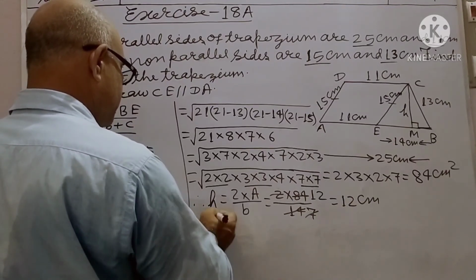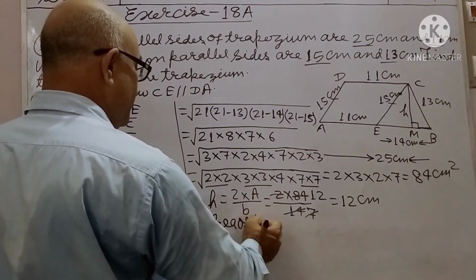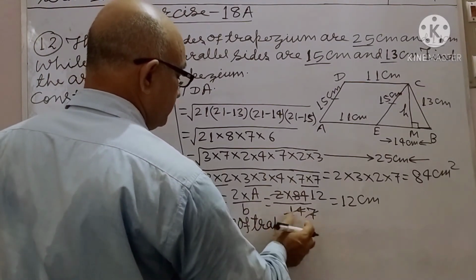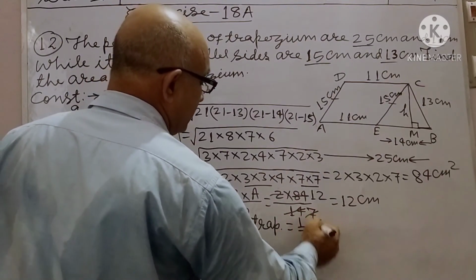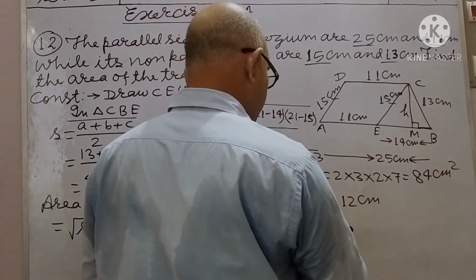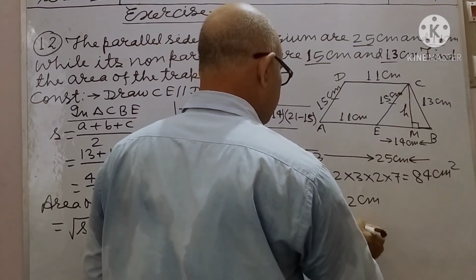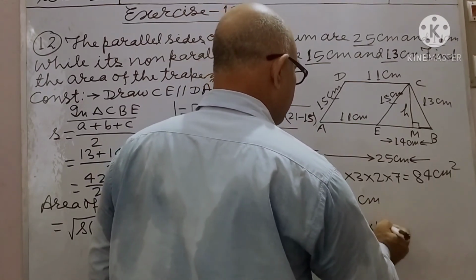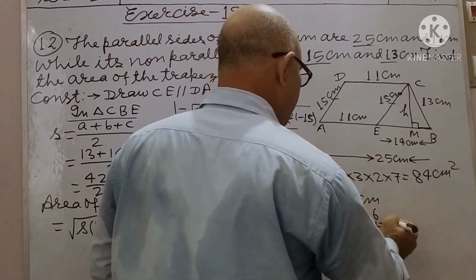Therefore, area of trapezium equals 1 by 2 into sum of parallel sides. So 25 plus 11 into height 12. 12 divided by 2 is 6.